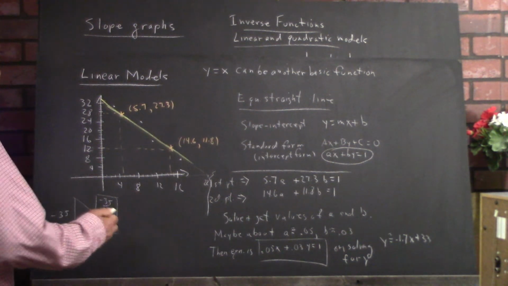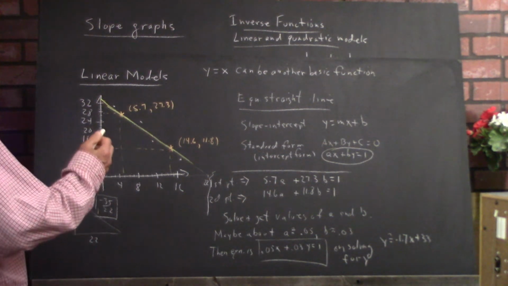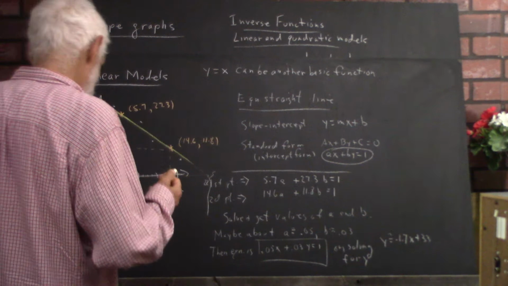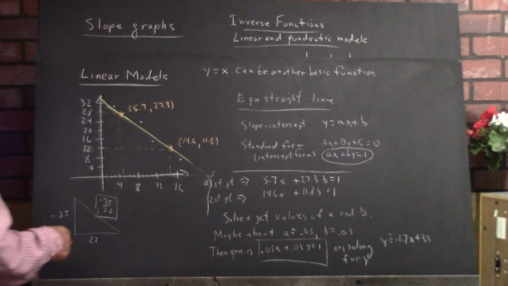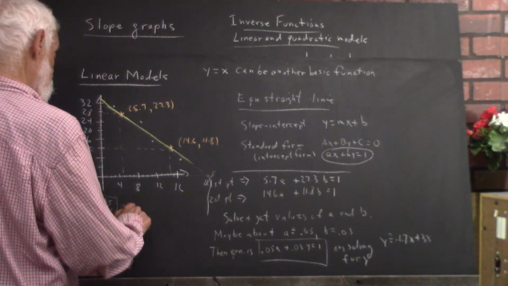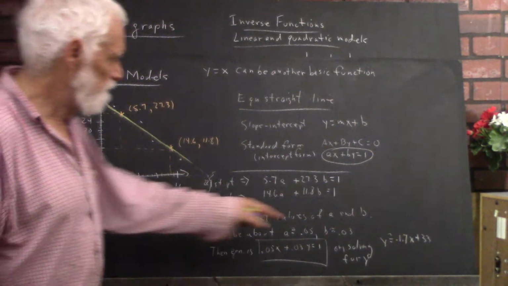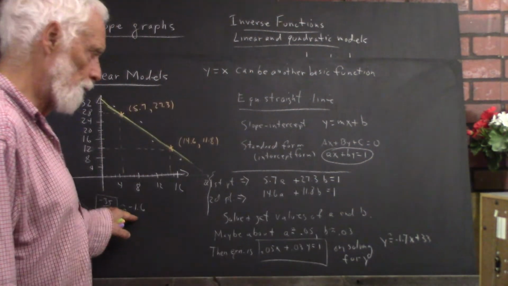Well, 35 over 21 would be, excuse me, 5/3. That's about negative 1.6. Since I'm doing rough estimates, that kind of works out.